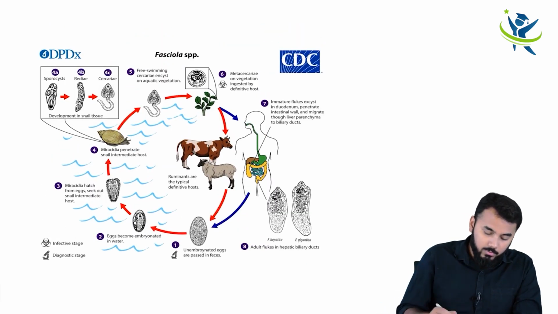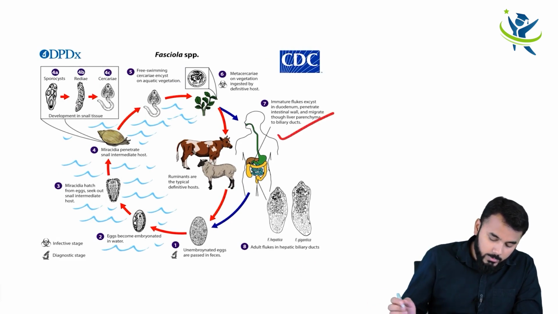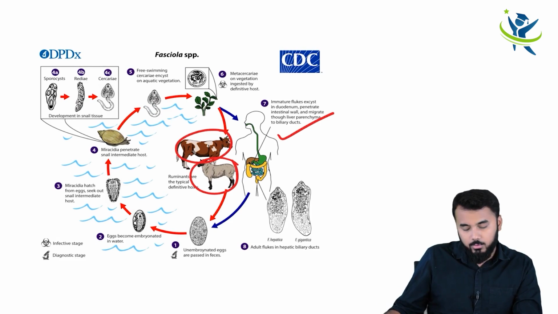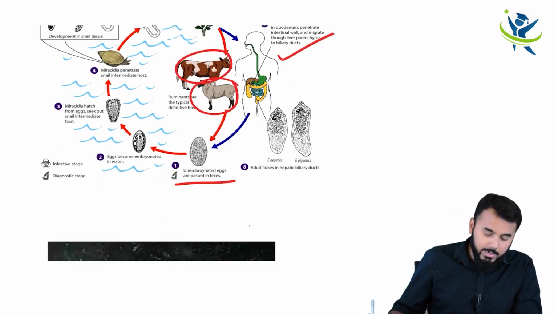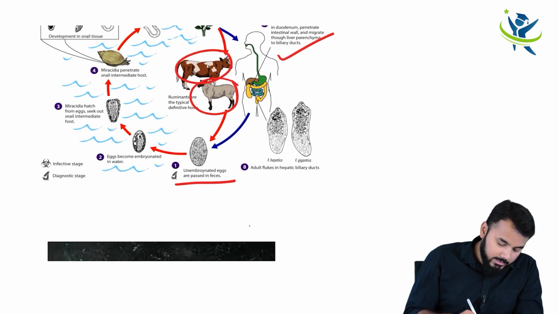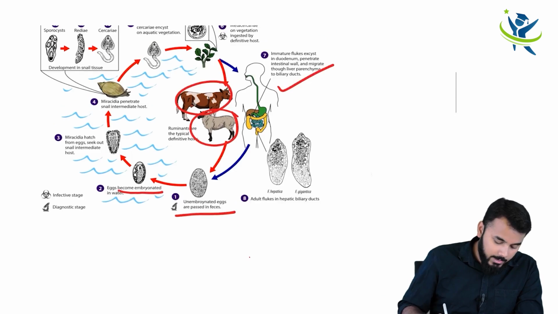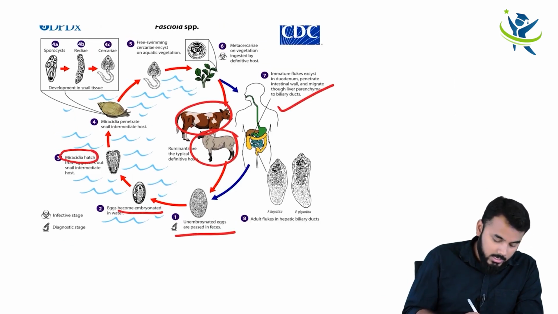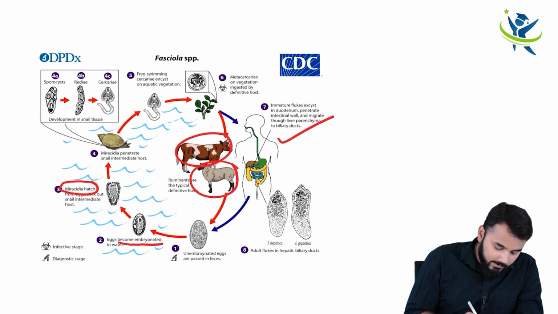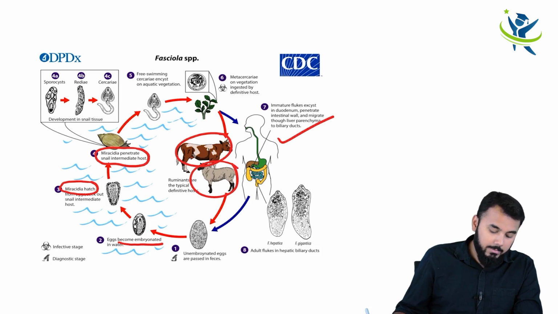Now obviously all of you know the human, the cow and the sheep are the definitive hosts. They are excreting unembryonated eggs, and these unembryonated eggs become embryonated. Once they become embryonated, from there miracidia will hatch. These miracidia will penetrate into the intermediate host, that is the primary snail.